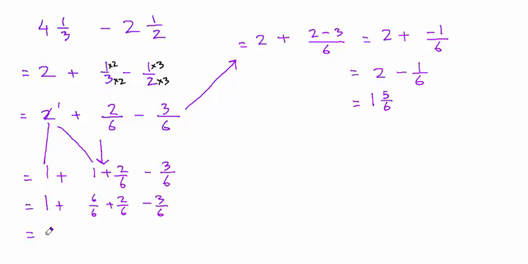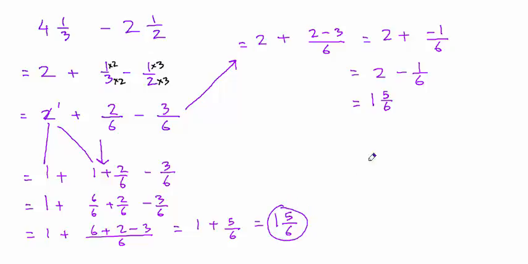So you have 1 plus all over 6, 6 plus 2 minus 3. This is equal to 1 plus, 6 plus 2 is 8, 8 minus 3 is 5. 1 plus 5/6 is the same as 1 and 5/6. Same answer as you got over here.